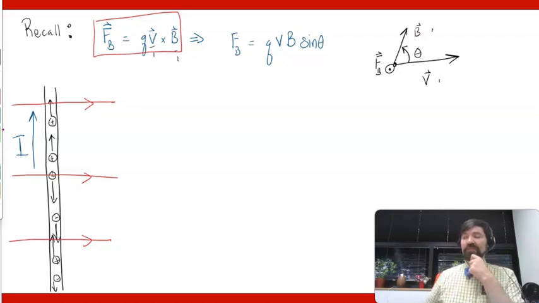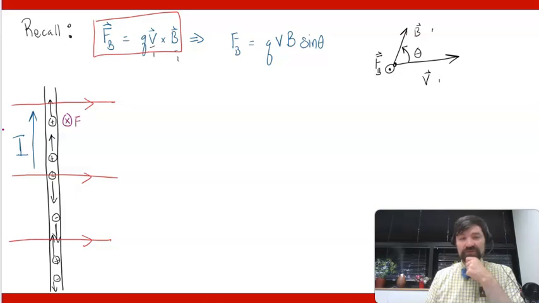If I go up and to the right, I get a force that is actually into the screen. This one is negative, going downward and to the right. Down and to the right would be out of the screen, but since it's negative, this force also is into the screen. This force is into the screen. This force is into the screen. This force is into the screen.